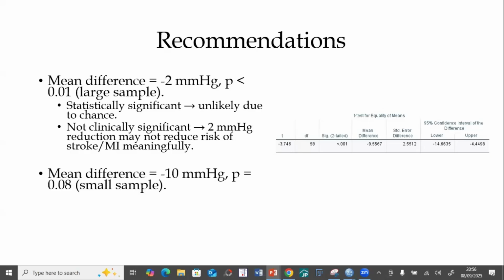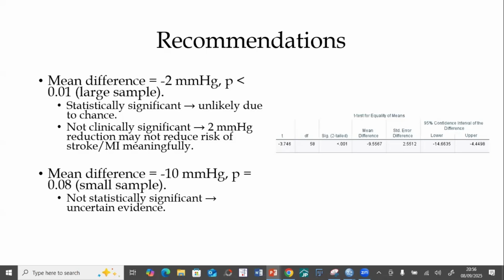Consider another scenario where you had a mean difference of -10. So the patients who are taking the new drug had a reduction of blood pressure by about 10 millimeters of mercury relative to placebo, but the p-value was 0.08.